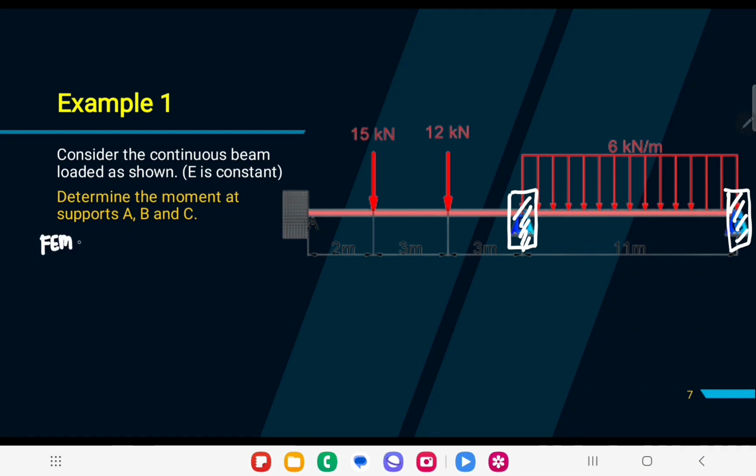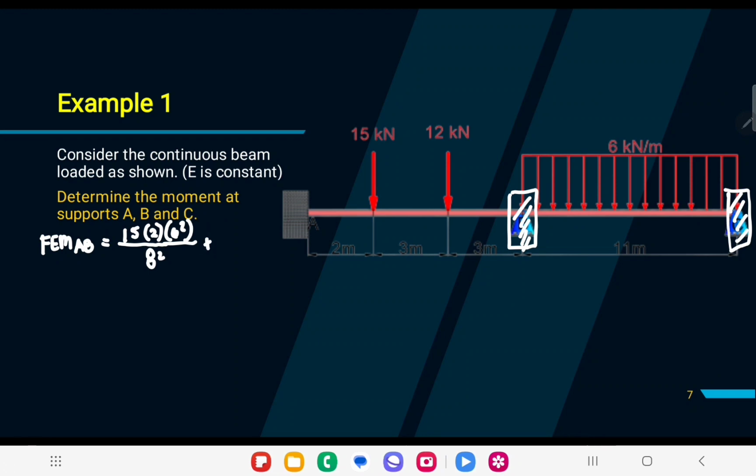I'm going to solve for the fixed-ended moment at AB, which is the moment near A and far from B. It is given as Pab squared all over L squared. Since we have two concentrated loads, 15 times 2 times 6 squared all over 8 squared, which is the total length.